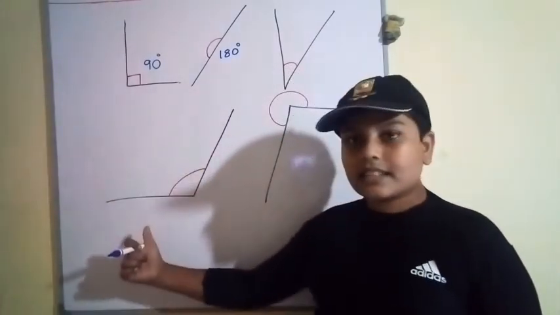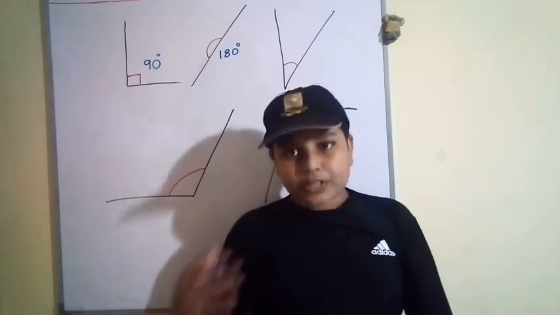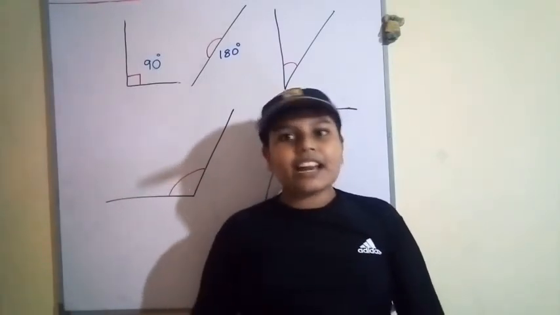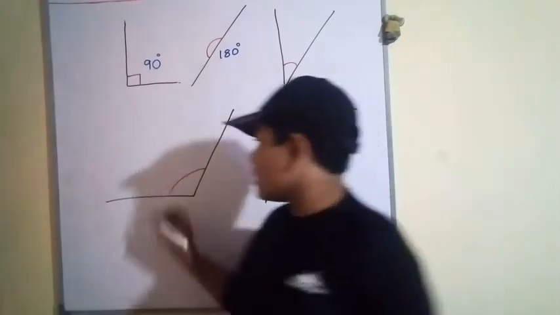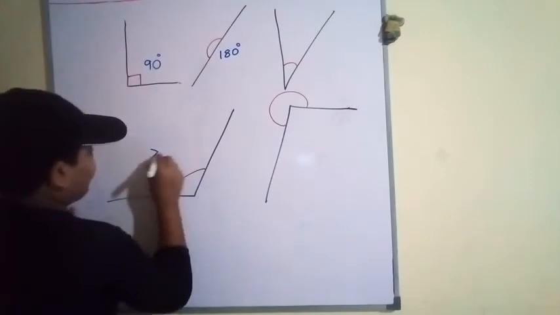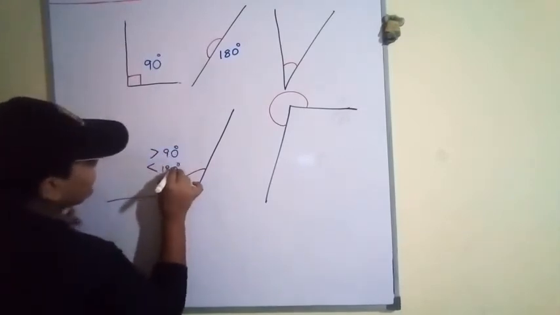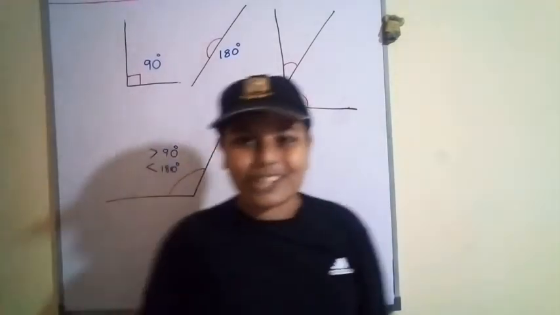Now, what is the obtuse angle? An obtuse angle means any angle with a magnitude greater than 90 degrees but less than 180 degrees. Greater than 90 degrees, less than 180 degrees. Right? Now that is called the obtuse angle.